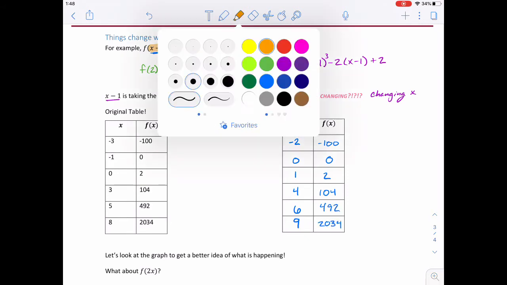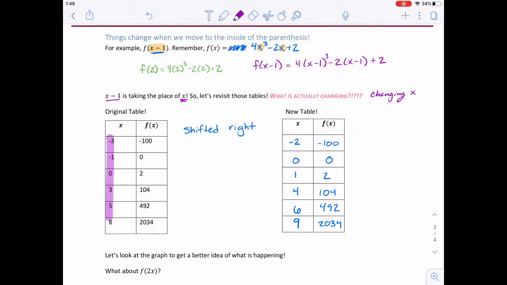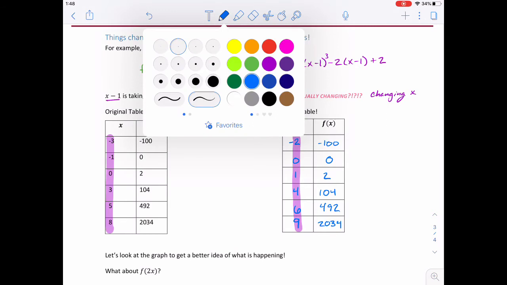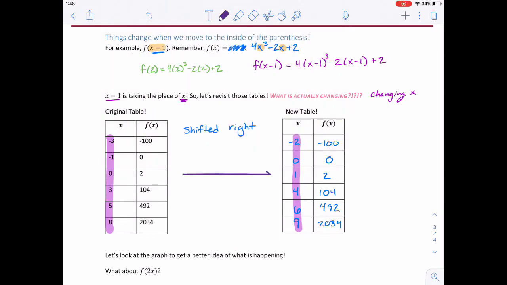So we're seeing our x values change this time. And if you think about a number line, right? -3, -2, -1, 0, 1, 2.